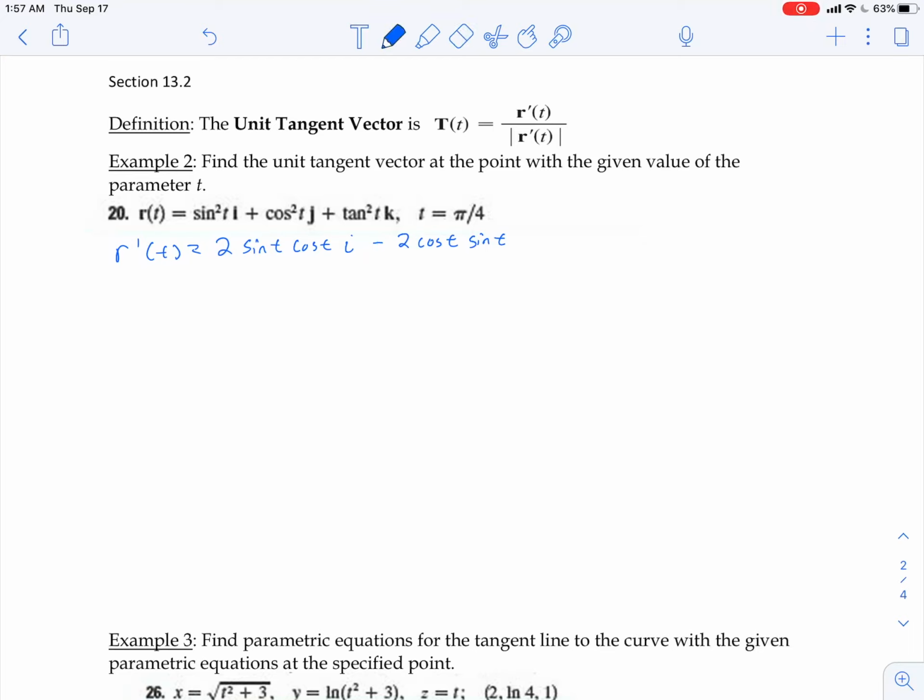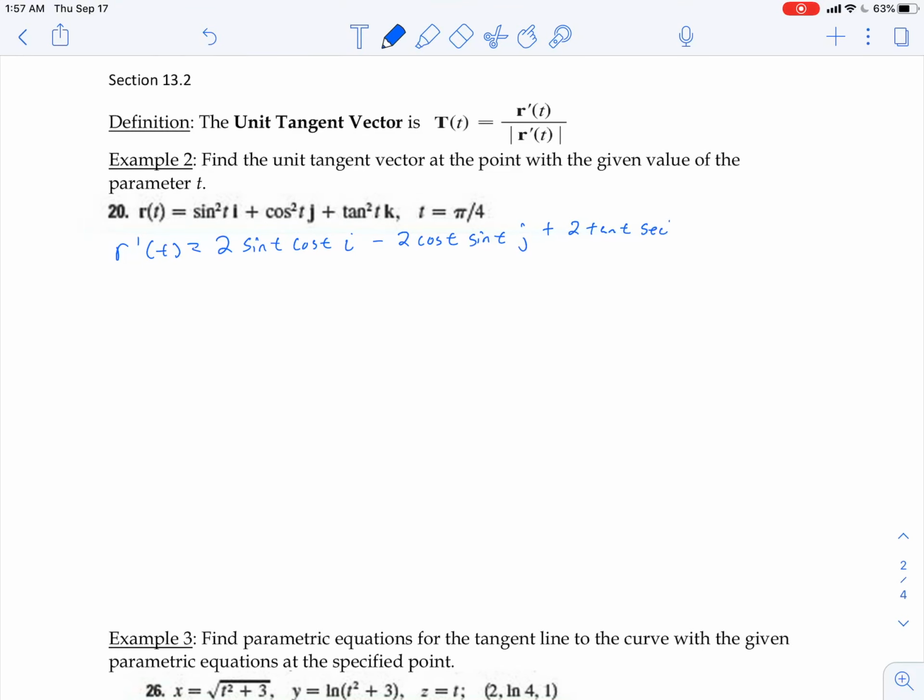So it's just minus 2 cosine t sine t j. And then plus the derivative of tangent squared t, which is 2 tangent t times the derivative of tangent t, which is secant squared t.